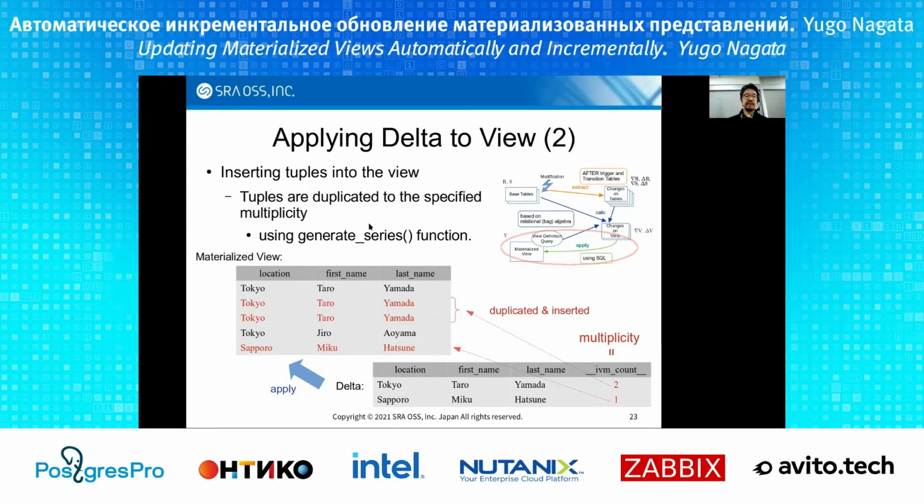This is performed by generate series function. For example, this tuple's multiplicity is 2, so this tuple is duplicated twice.